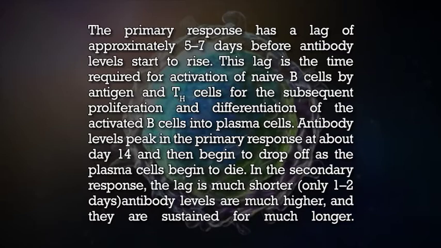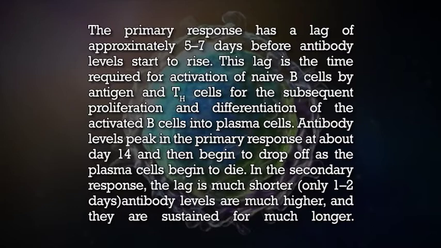This lag is the time required for activation of naive B cells by antigen and Th cells for a subsequent proliferation and differentiation of the activated B cells into the plasma cells. Antibody levels peak in the primary response at about day 14 and then begin to drop off as the plasma cells begin to die.